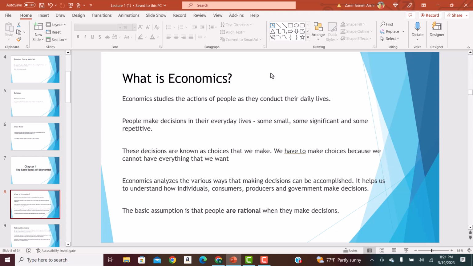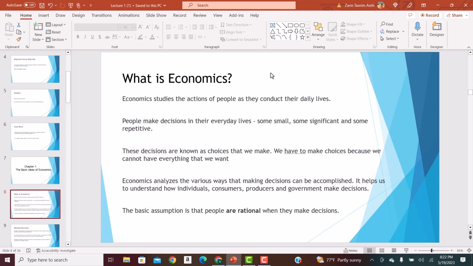Okay. So when you study economics, the purpose of economics is to give you the knowledge and basis so that you can make the correct choices and the most rational choice that will give you the most benefit. Okay, we have to make choices because we cannot have everything that we want.